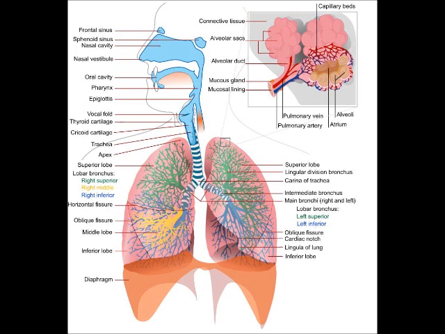I can count a patient's respiratory rate, and I can say whether it's less than 12 and call it bradypnea. I can say it's 14 and it's normal. That's eupnea. A normal respiratory rate is called eupnea. Or I can say it's greater than 20. That's called tachypnea. But I cannot say whether it's hypoventilation or hyperventilation unless I look at a PCO2.